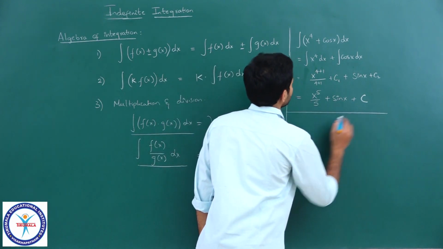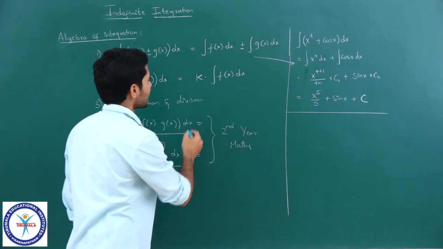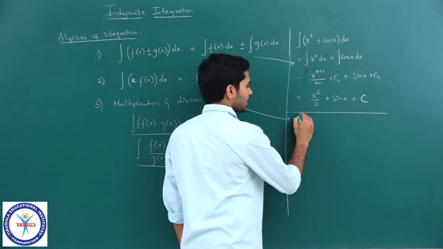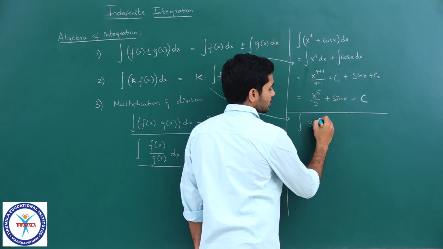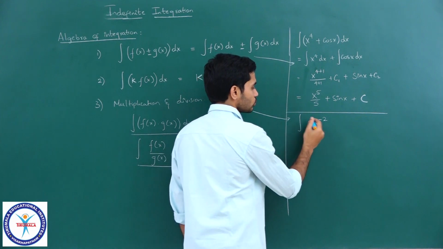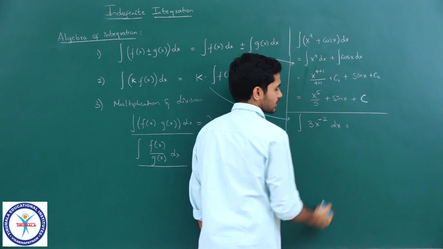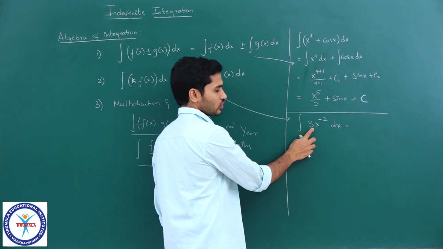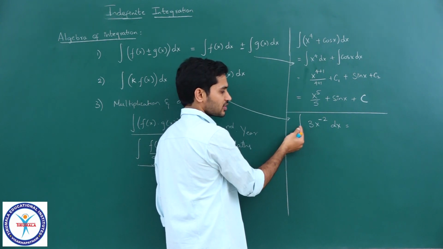Next we will take an example for this rule, right. So let us consider integral of 3x power minus 2 dx. So if I need to find the integration of this, what should I do? Because 3 is a constant in multiplication with x power minus 2, bring this 3 outside.